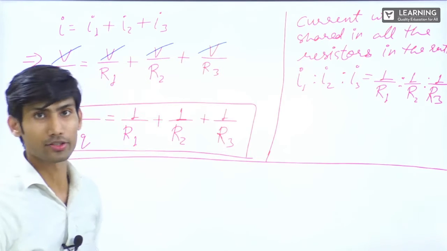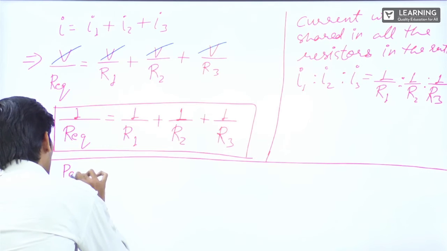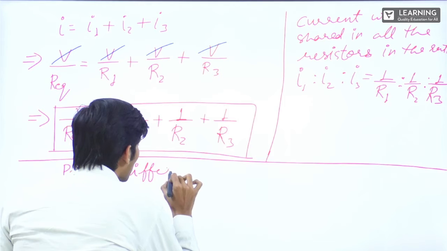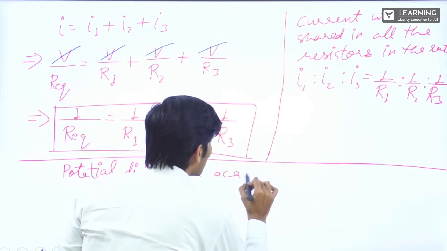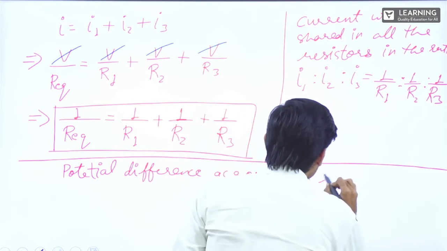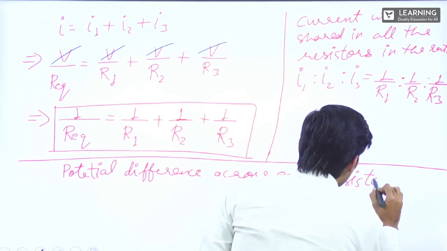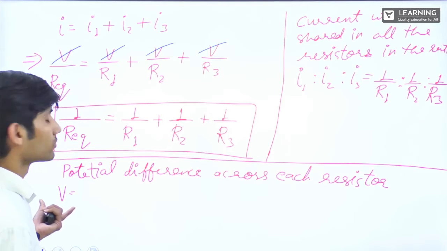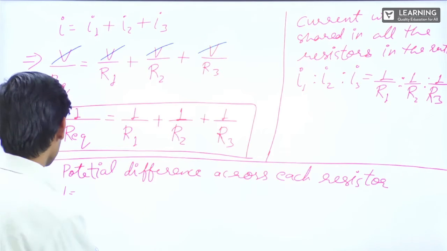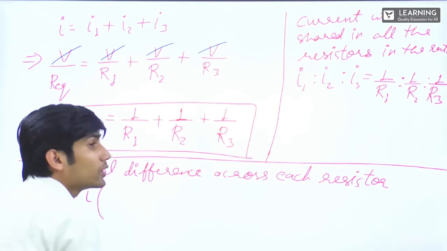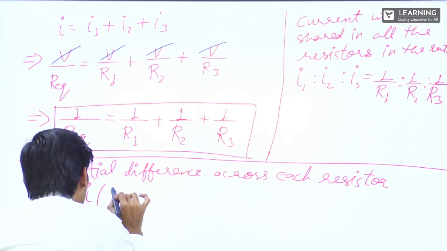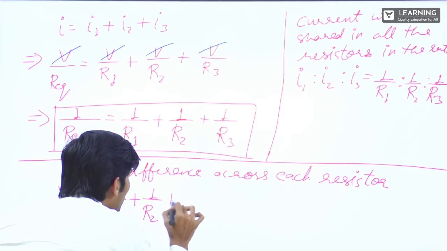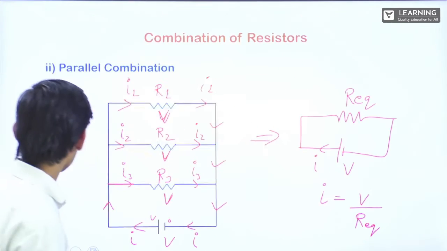And what will be the voltage, the potential difference across each resistor? V is equal to I into R equivalent, right? That is I into 1 upon R1 plus 1 upon R2 plus 1 upon R3.